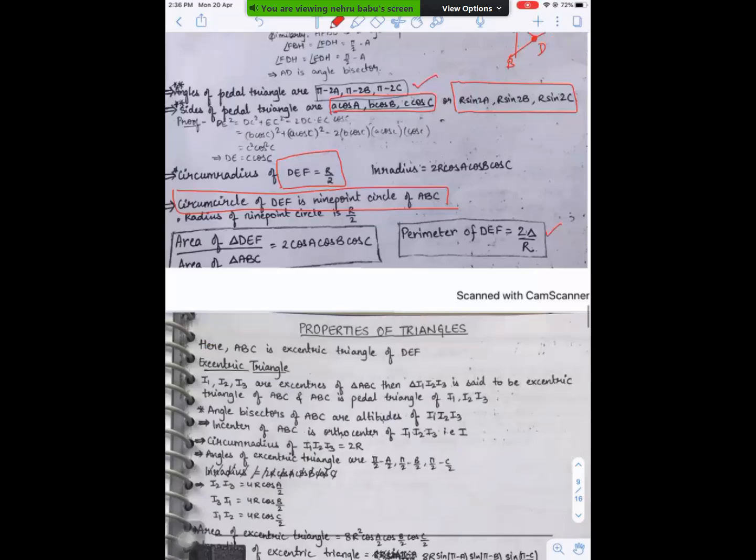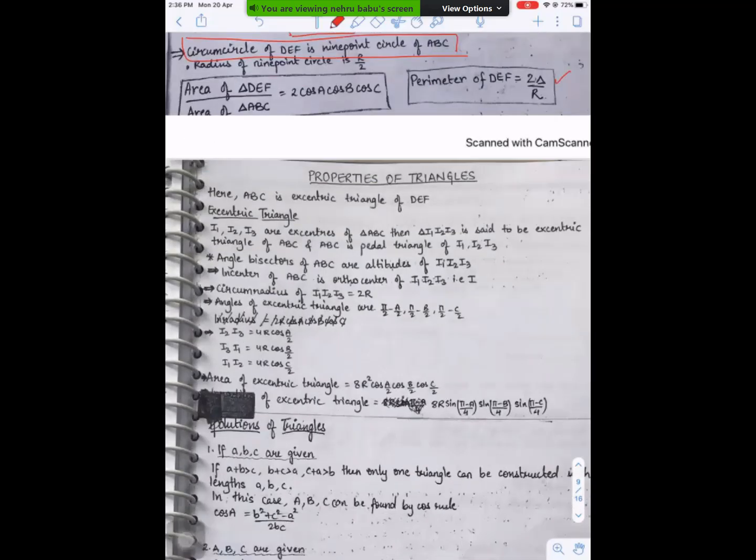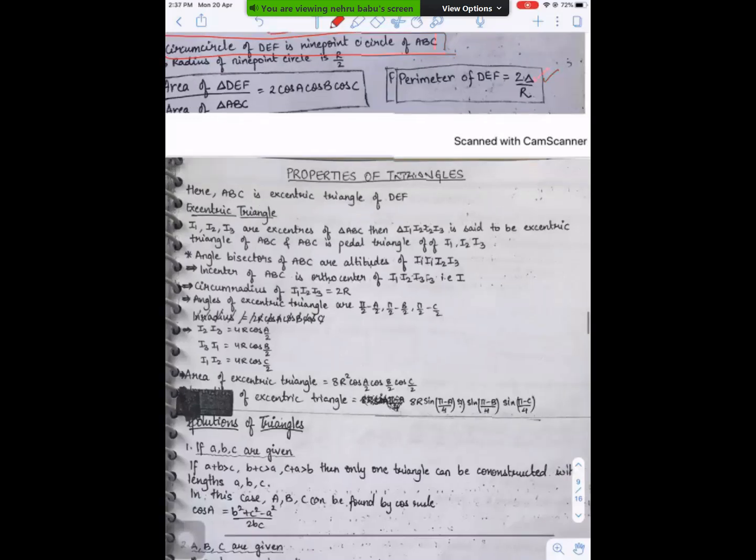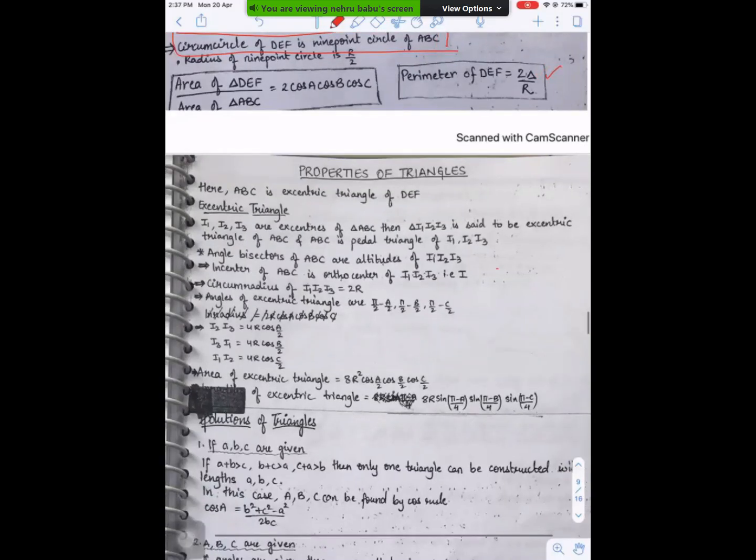Next, if you take the excentric triangle, what you have to remember is, if I1, I2, I3 are excenters, the diagram is not there. If this is triangle ABC, and I1, I2, I3 are excenters opposite to A, B, C, then this is the excentric triangle.